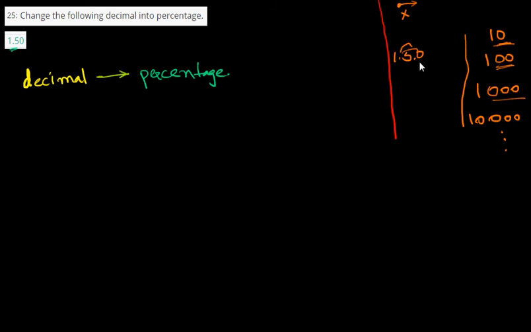Similarly, if we multiply it by 100, the decimal is going to move another place forward. So if the decimal point is originally here and we multiply 1.50 by 100, the decimal is going to move two places. So this is 1 and this is the second place, and the decimal is going to land right after 0. So we would have 150.0, which technically is exactly the same thing as 150.